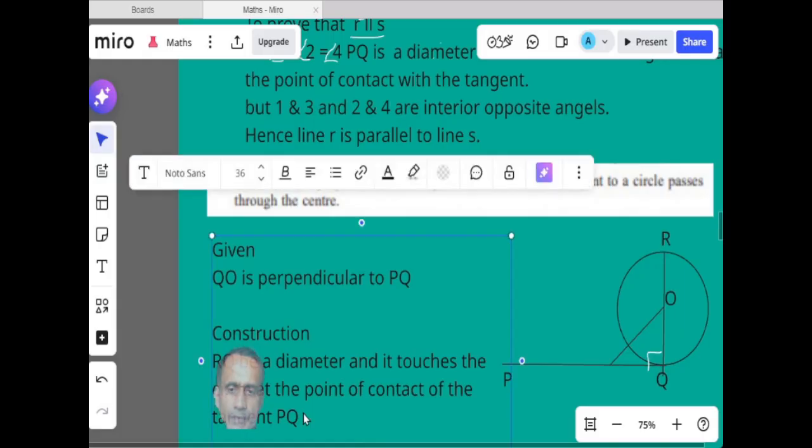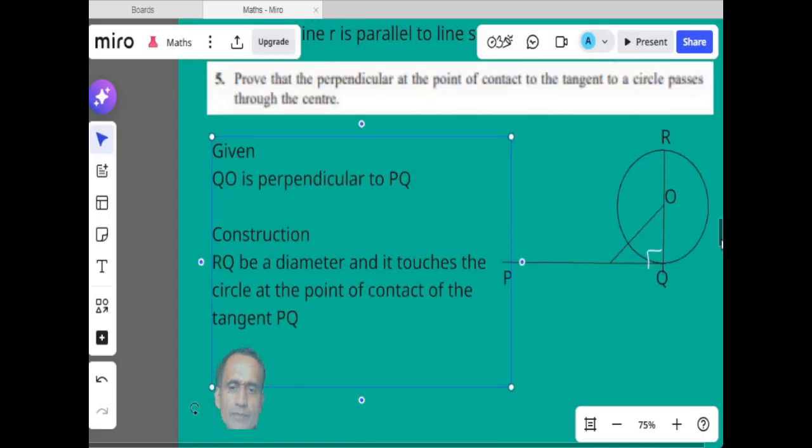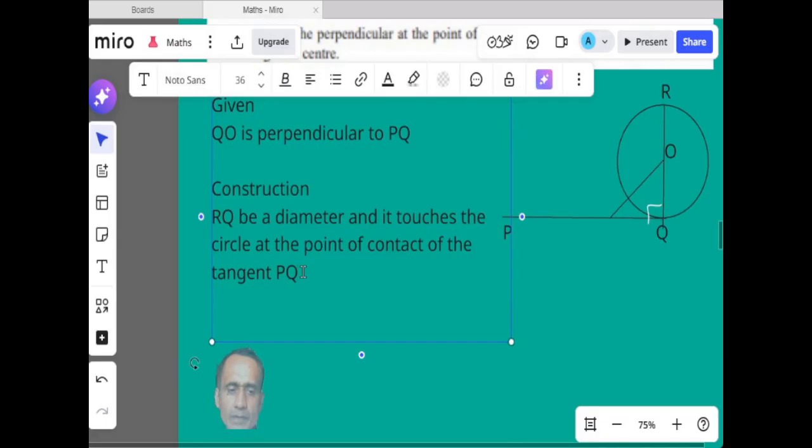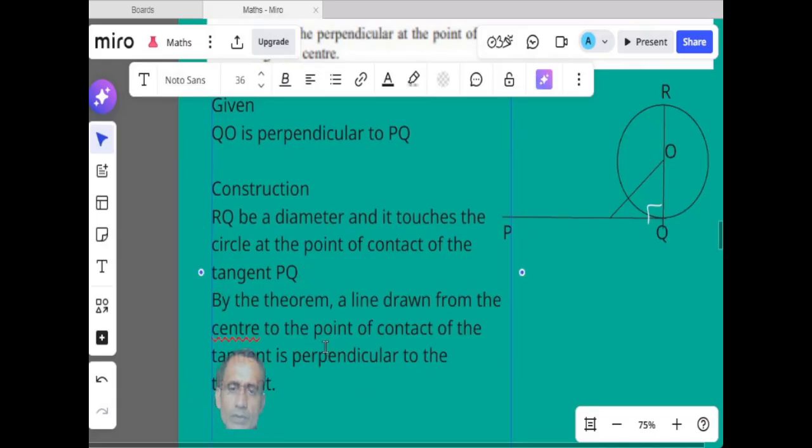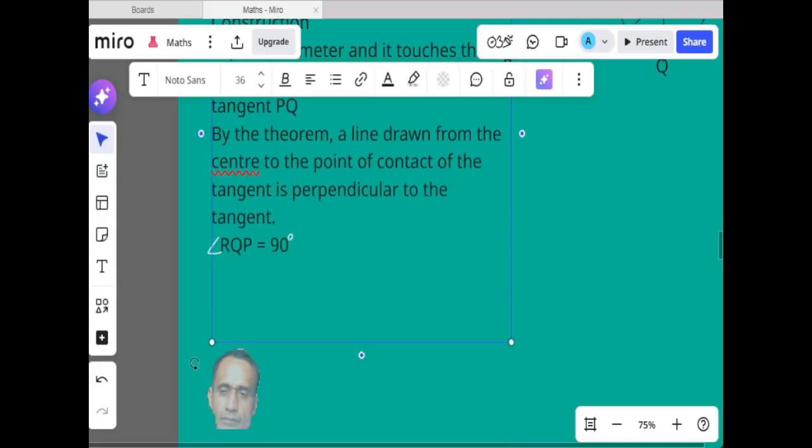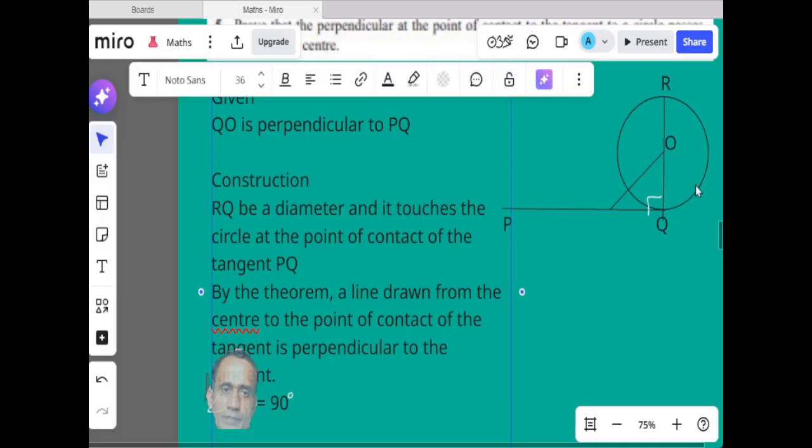But since, by the theorem, RQ will also make an angle of 90 degrees on PQ. So what we get, angle RQP by the theorem is 90 degrees.